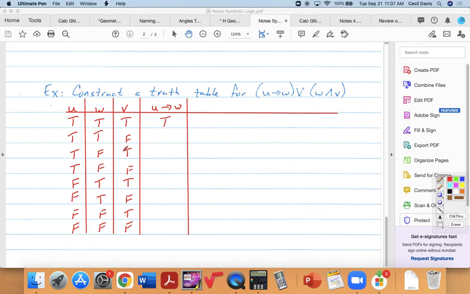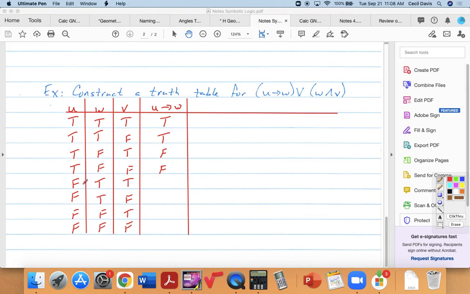Yeah, that's true. This is exactly the same, so that's true. The hypothesis is true, but the conclusion is false. That's false. That's the I win the lottery, but I don't give you the money. Right? The next one is the same.